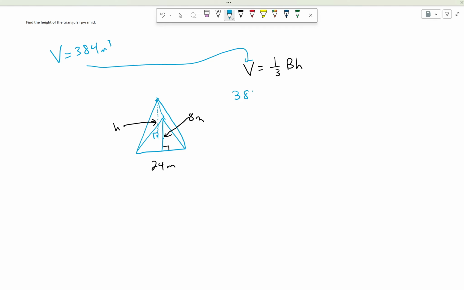So we have 384 is equal to 1/3. All right, and then the area of that base is going to be 1/2 of lowercase bh, right? Base times height for the triangle. And then I need this h. That's a separate h. It's the one that I'm solving for in this problem. Okay?